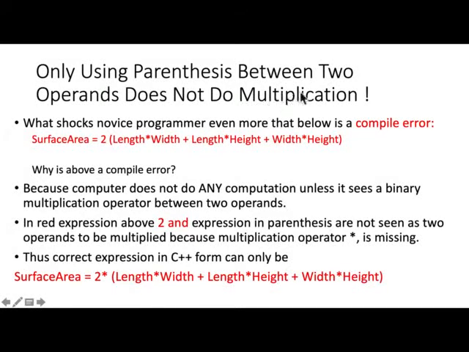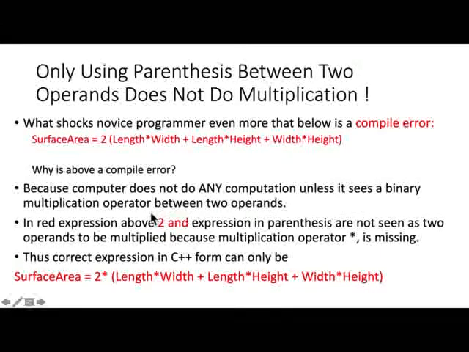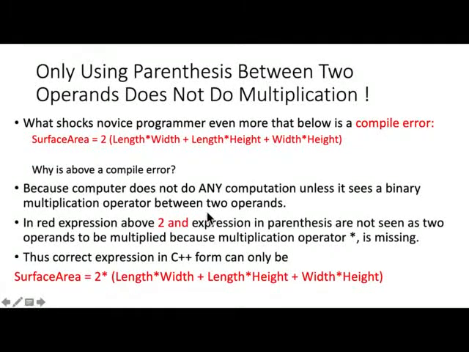Only using parentheses between two operands does not do the multiplication. What shocks novice programmers even more is that below is a compile error. If I just put 2 here and then an expression in parentheses, that is still a compile error. Compile error means computer does not understand what it means. That is because computer does not do any computation unless it sees a binary multiplication operator between two operands.